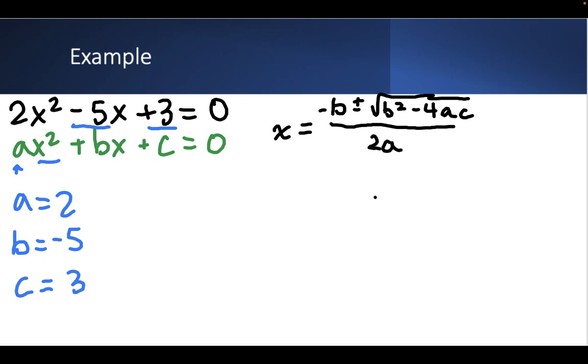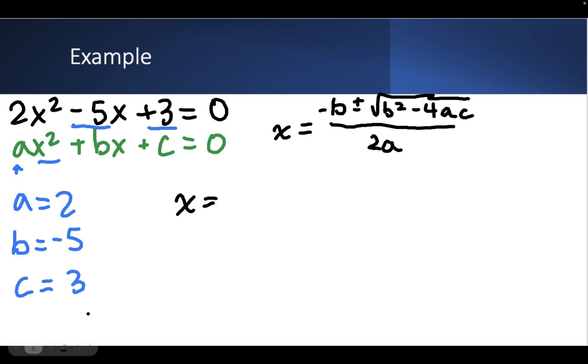This is our quadratic formula, and I know it looks a little bit scary at first, but I promise you it's very simple. All we have to do is substitute. So let's substitute our values, and then we can solve.